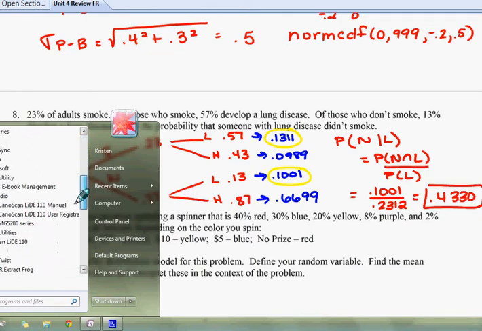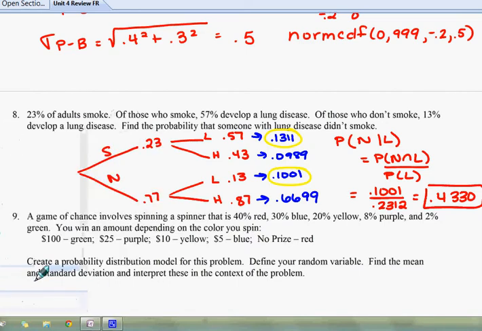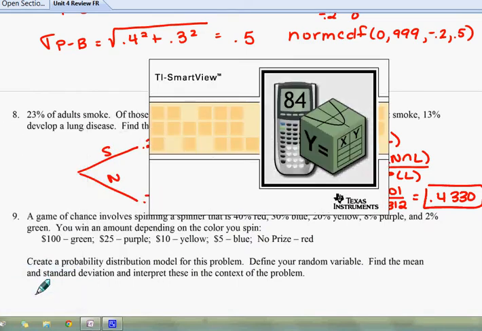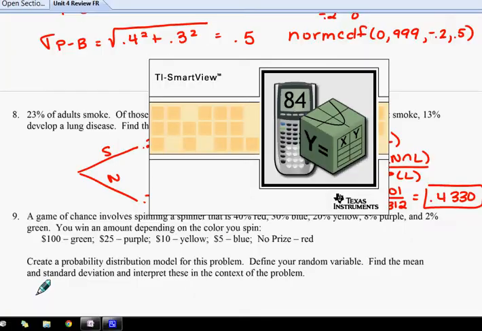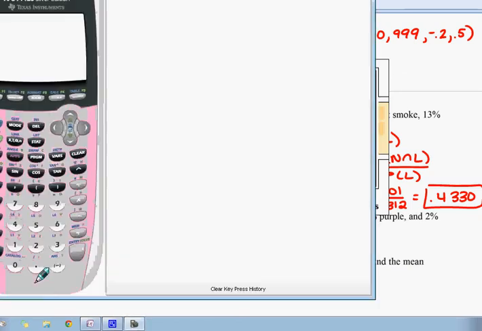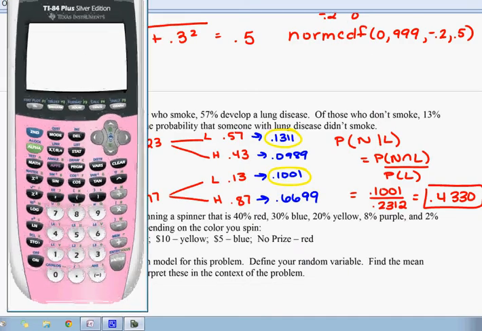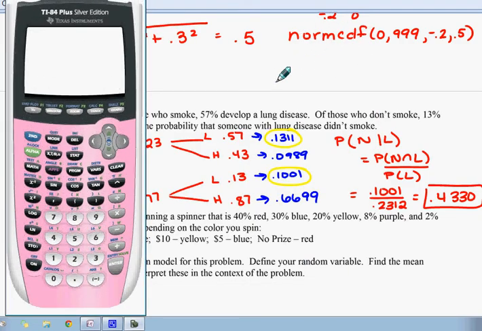Let's see if I can find my calculator. Okay, so that previous problem I accidentally wrote down the wrong answer to.